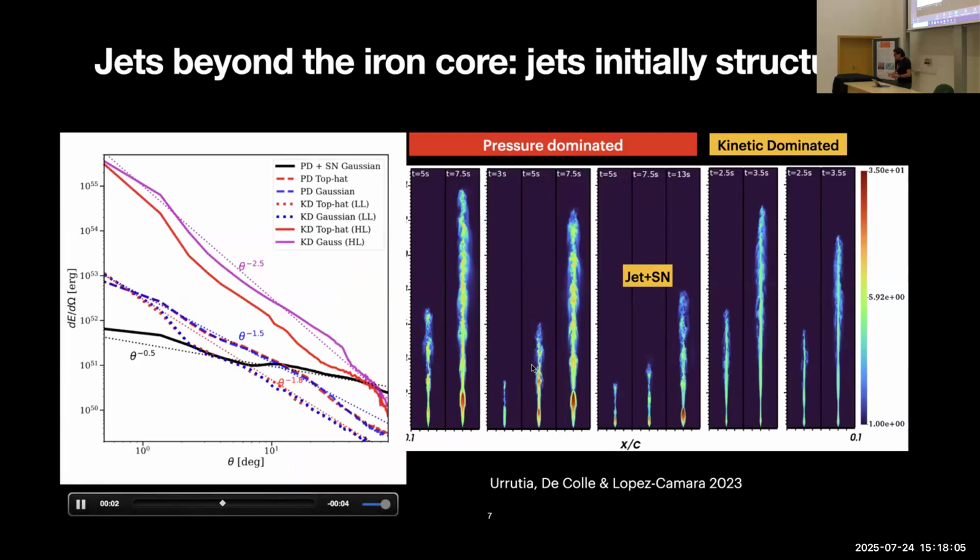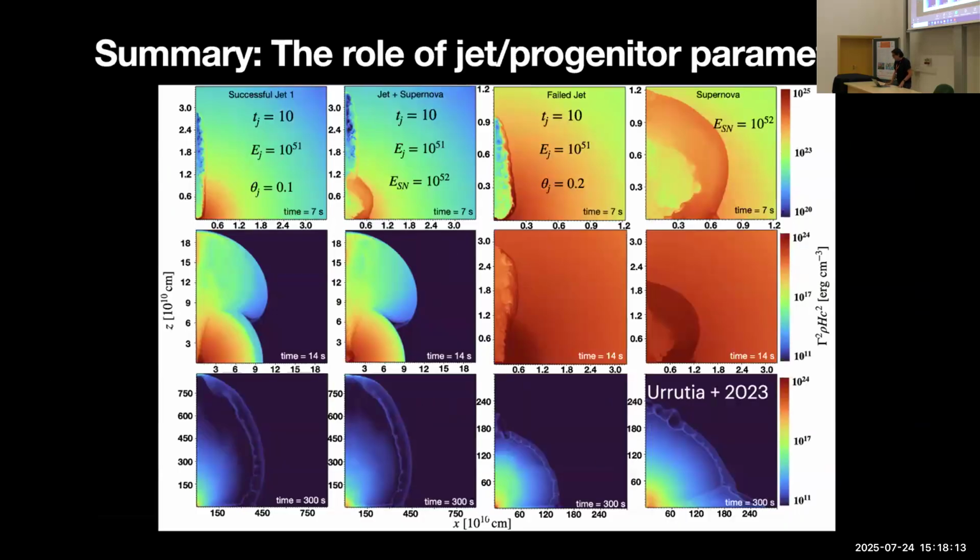So here we study different structures of a jet, but we impose this structure by hand. Just as a summary of this kind of studies, it has been interesting to see how sensitive the initial conditions are.